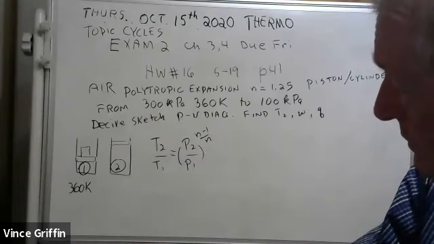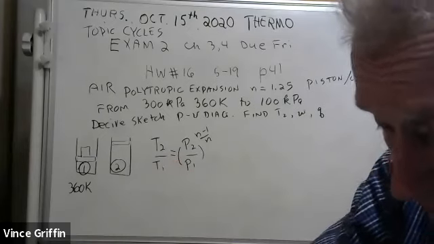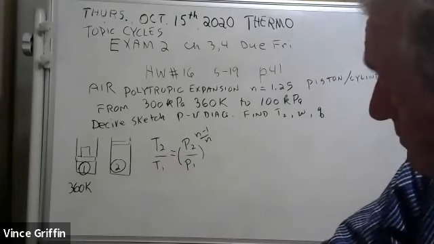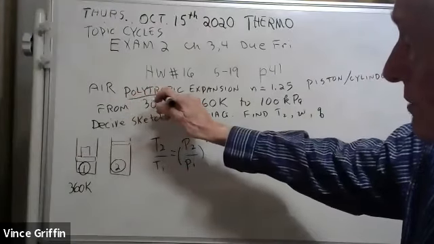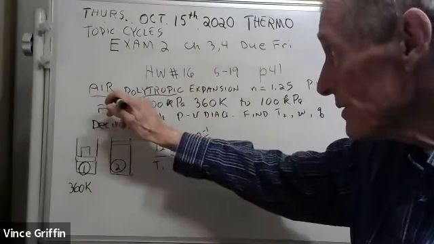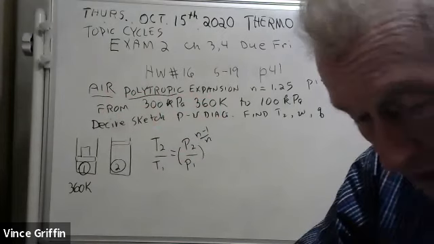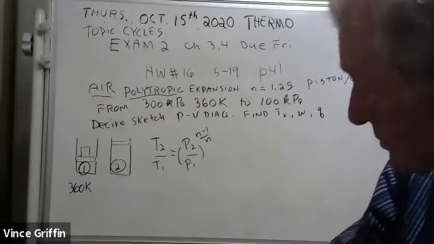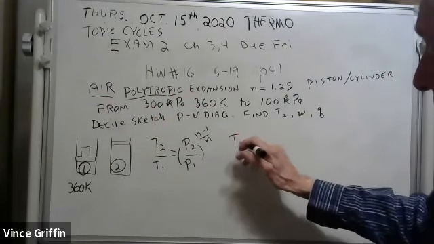It's a nice little equation. Be careful now. You can't use that on anything. It only works if you have a polytropic process and you're dealing with an ideal gas like air. Air behaves like an ideal gas at these temperatures and pressures. So let's put our numbers in. We're going to solve for T2.